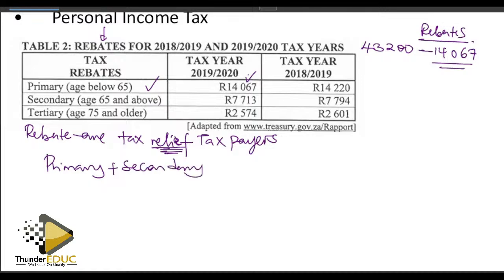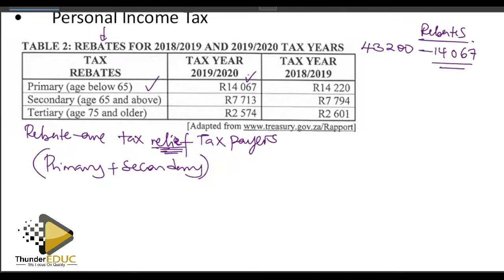Please don't forget that. So as you're subtracting the rebates, you add the two. Now, if he goes beyond 74, that means he qualifies for the third. Please, you add everything and you subtract it from the tax that he's supposed to pay.